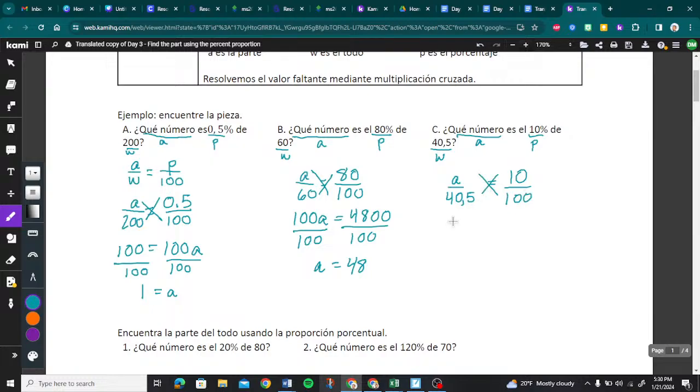We cross multiply. We have 100A equals 405. Maybe I should clean that up for a moment here. We divide both sides by 100. And A is 4 and 5/100.